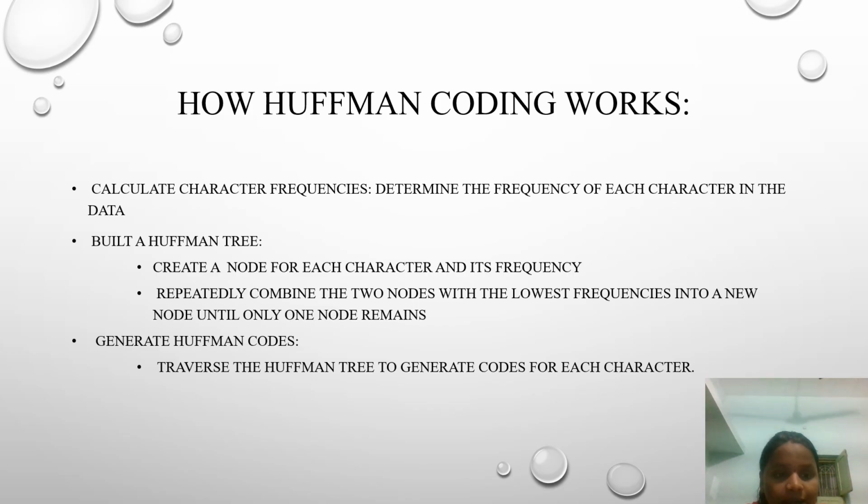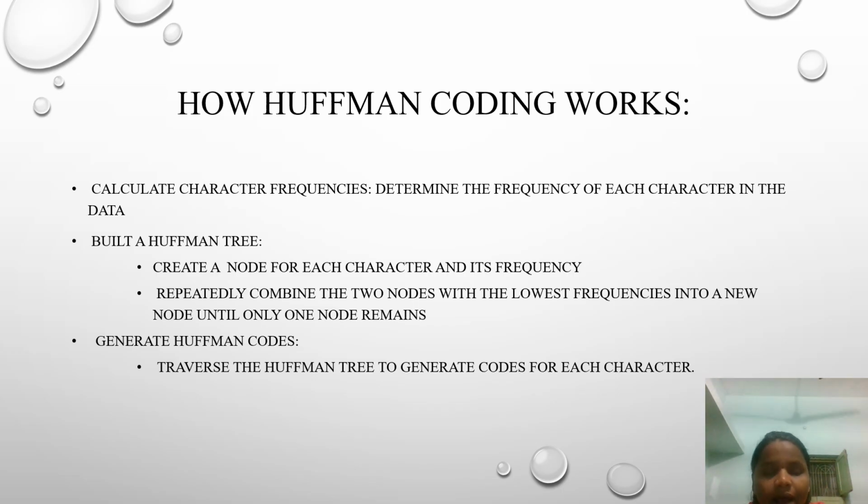After calculating the character frequencies, we are building a Huffman tree. The Huffman tree is built by creating a node for each character and its frequency, and it repeatedly combines the two nodes with the lowest frequencies into a new node.